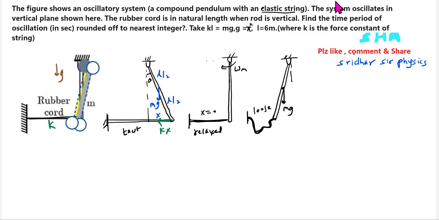The point of suspension will be there only. The rod will be oscillating. Then when it is in this position, the spring will be loose.